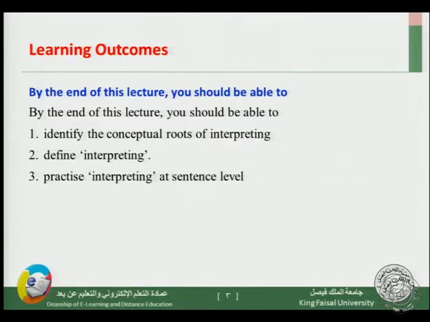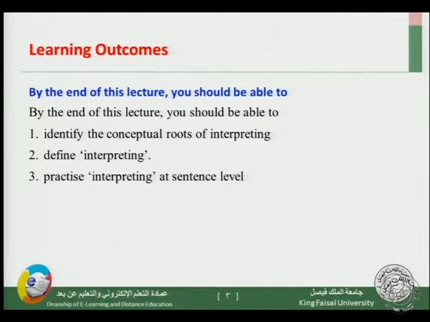So by the end of this lecture, you should be able to identify the conceptual roots of interpreting. What I mean by the conceptual roots is the origin of interpreting, the origins of the word interpreting, and the origin of the concept.